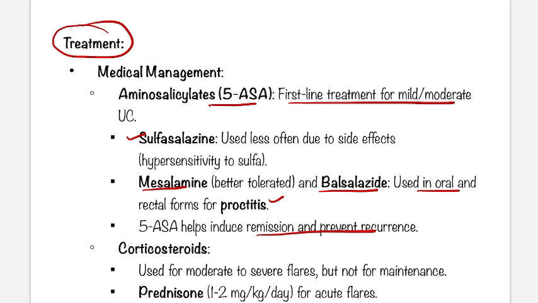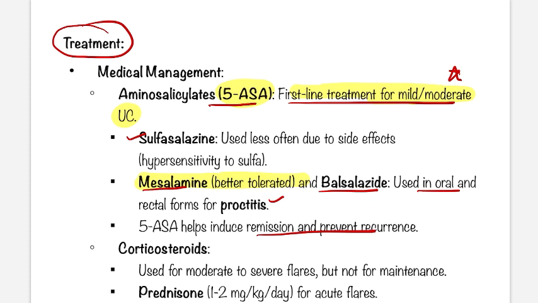So just remember, mesalamine is better tolerated than sulfasalazine. 5-ASA is the first line treatment of mild to moderate UC. Okay, so this is very important: for mild to moderate ulcerative colitis, the first line management is aminosalicylates, 5-ASA, and mesalamine is better tolerated.